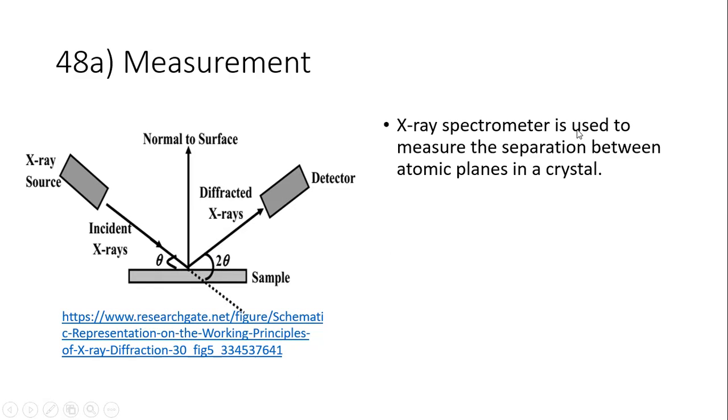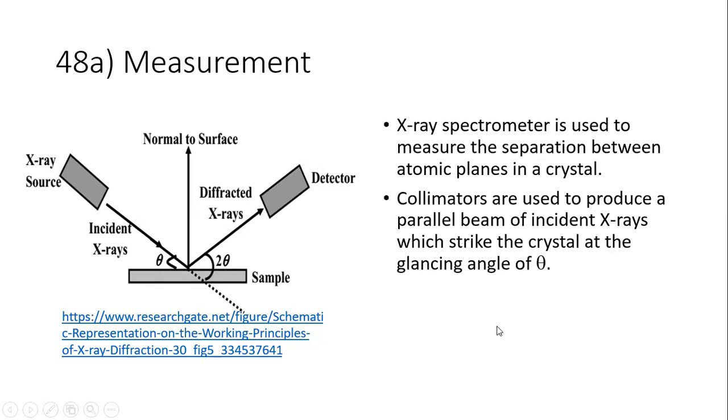An X-ray spectrometer is used to measure the separation between the atomic planes in the crystal. Collimators are used to produce a parallel beam of incident X-ray, which strikes the crystal at glancing angle theta. That's your glancing angle theta. We don't want a wide beam of X-ray. That's the purpose of the collimator, a small hole to limit the size of the beam.